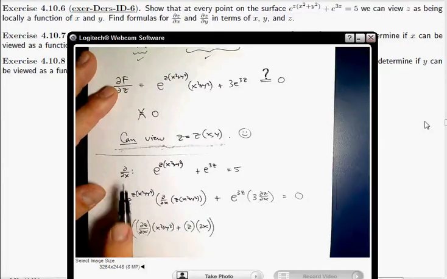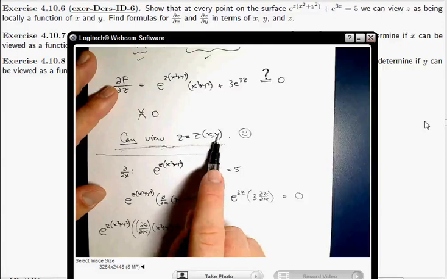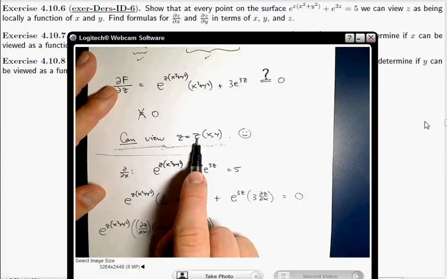And so when I take the partial with respect to x, what that means is we're going to view all the other variables, namely just y, as being constant. x is going to be the variable that we're taking the derivative with respect to. z is no longer a variable. z is a function. Right? So that's why we don't treat it like a constant. It's not a constant. It's not even a variable. It's a function. Does that make sense?